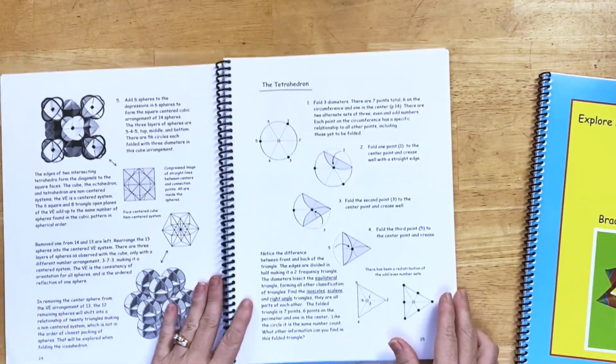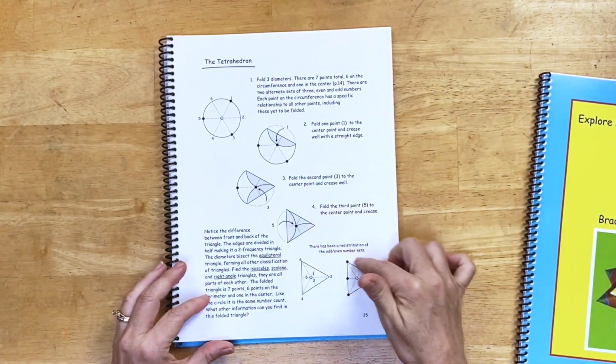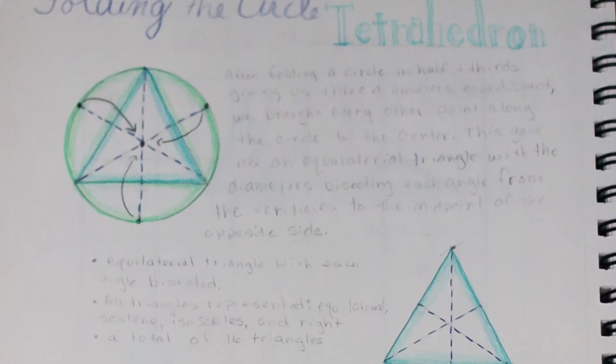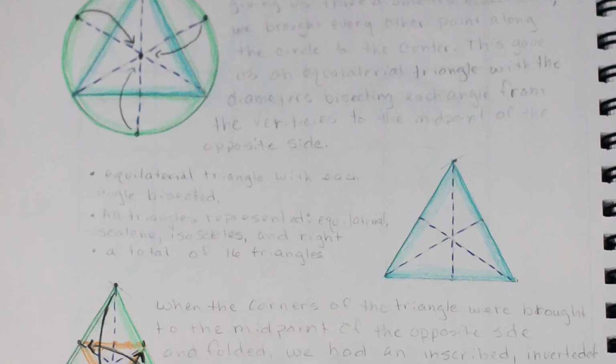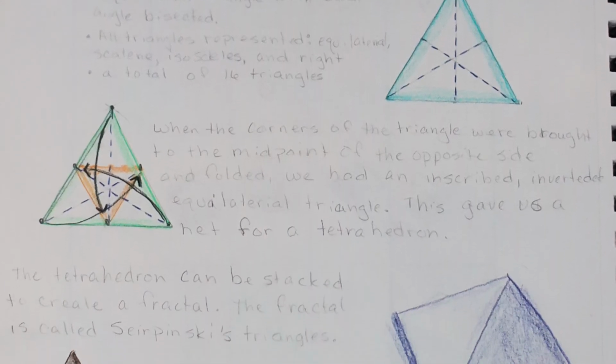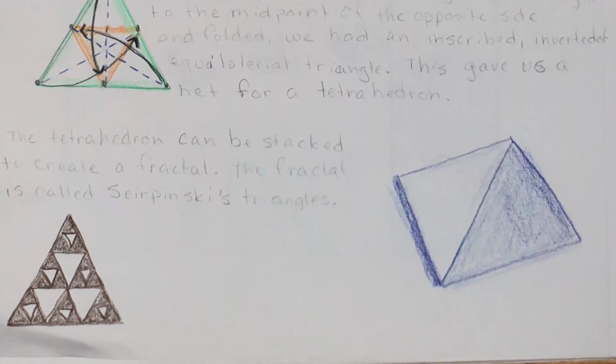And then we moved into folding into an equilateral triangle, which was very interesting, and we were able to make a lot of observations from that one triangle, and that led us into the net of a tetrahedron.